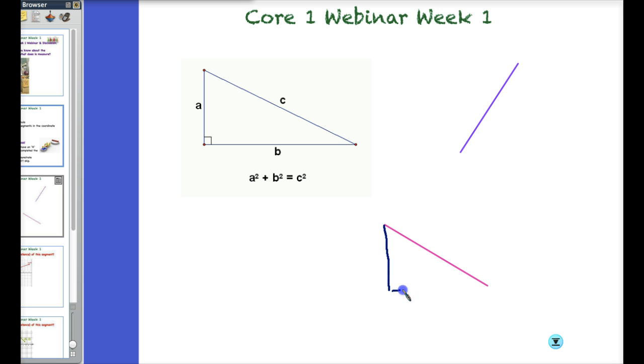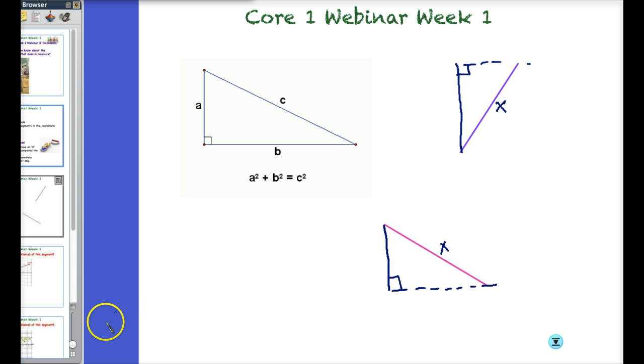You can come down, you can come over, and you can make that be a hypotenuse. I can do it below, I could even do it above if I wanted to. And then that way you could find this unknown variable x. So just something to think about for what we're going to be doing with the distance formula at the end of this week.